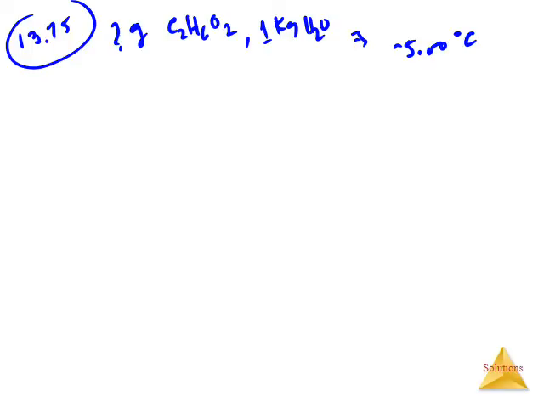So let's calculate depression of freezing point, delta TF, which will be given by KF m. And we already know the constant KF for water is 1.86. So let's use that number. So it's going to be 1.86 times m.